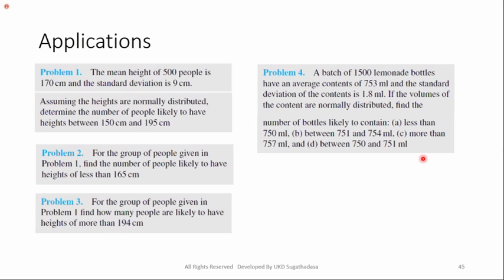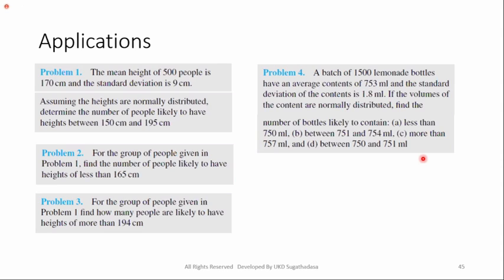Minus 1.11 gives 0.1335. Correctly read the table, right? Then for minus 1.67 it is 0.0475.